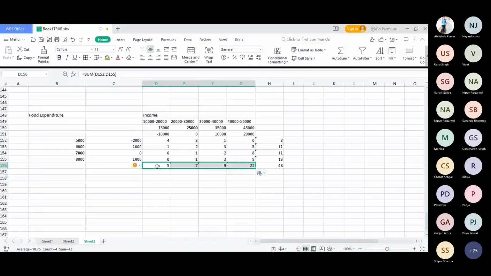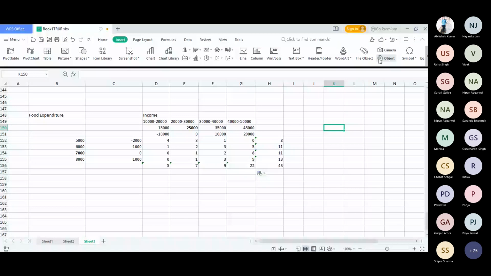So whether you total row wise or column wise, the sigma f value comes out to be 43, the summation of all the frequencies.